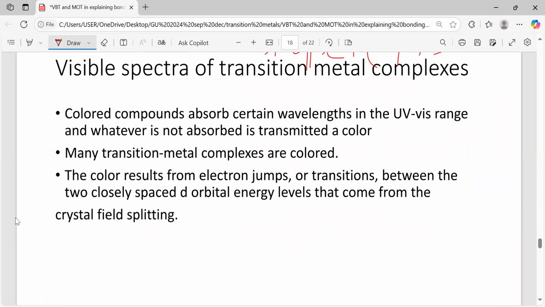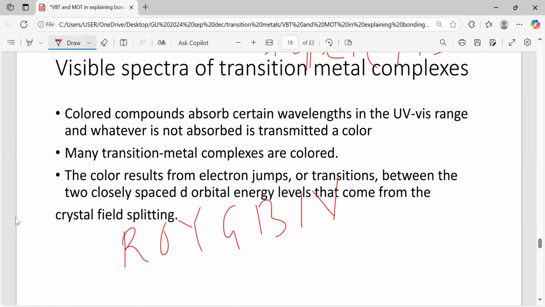When you talk about color, you're actually talking about UV-Vis spectroscopy. Colored compounds absorb certain wavelength in the UV-Vis range, and whatever is absorbed is transmitted as color. So you absorb something and another one goes out as color. So I will quickly reintroduce you to Roy G. Biv.